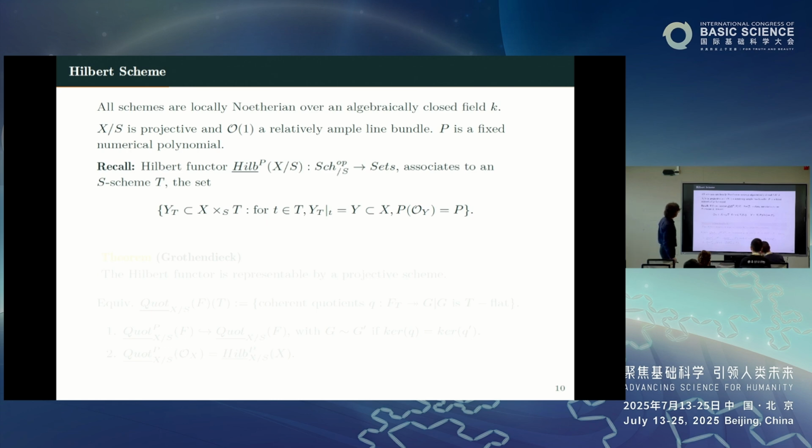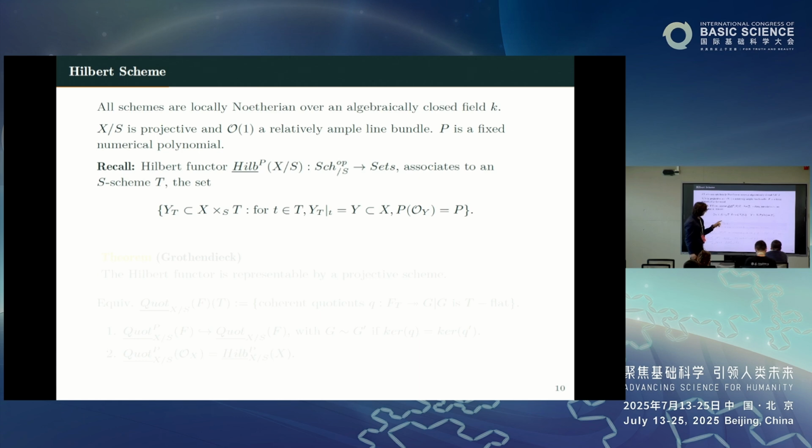So Hilbert functor is a functor from the opposite category of schemes over S to sets. So this opposite category of schemes consists of things like T. As soon as you take this categorical operator, which is a functor, and apply it to some T, well, X is over S and T is supposed to be over S, so you can define this fiber product. And this functor spits out for you elements of some set.